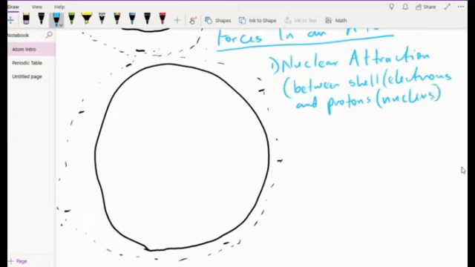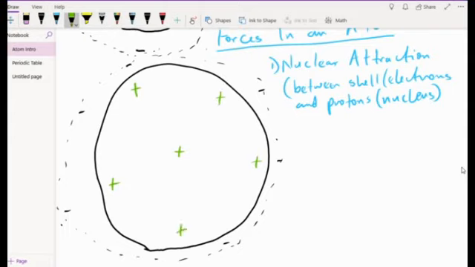So in a nutshell, we can say the nuclear attraction exists between the shell and the nucleus, or between the electrons and the protons. Remember that you have your protons inside, 1, 2, 3, 4, 5, 6.